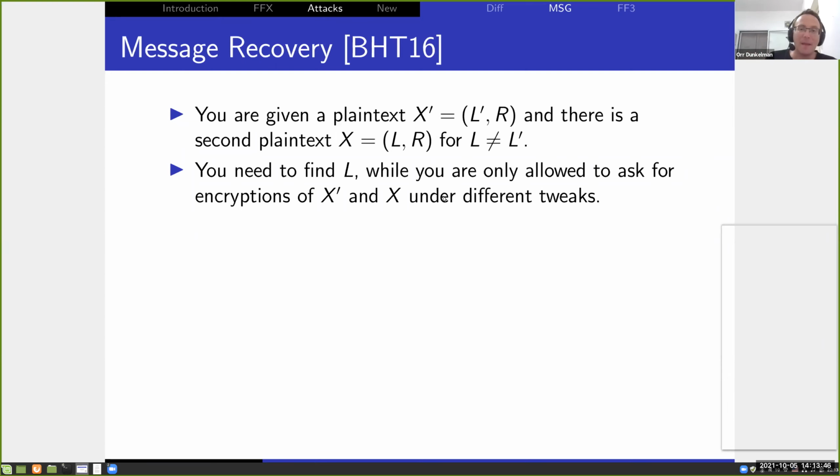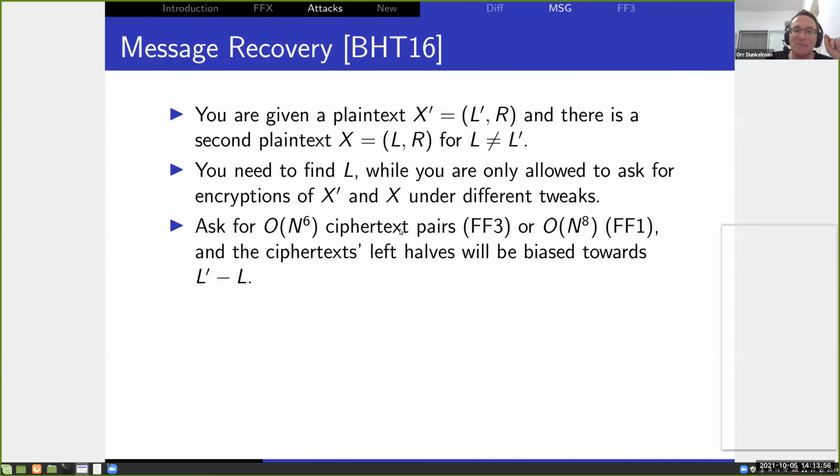Now, remember the differential characteristic I've shown you earlier? Because there is a small bias, if I look at the ciphertexts, the difference between the left halves of the ciphertexts is going to be slightly biased towards the difference between the left halves of the plaintexts.